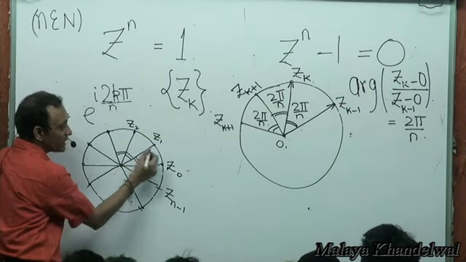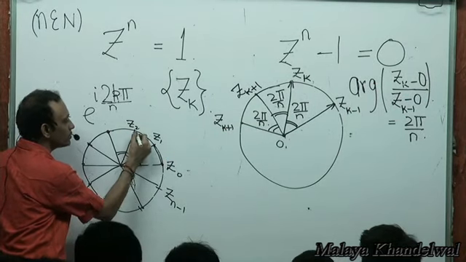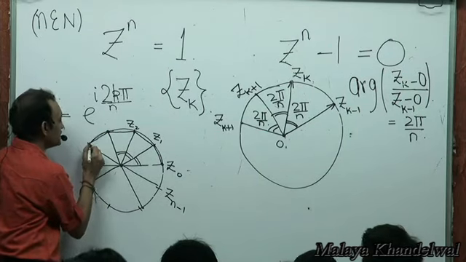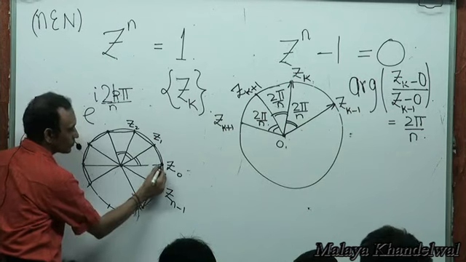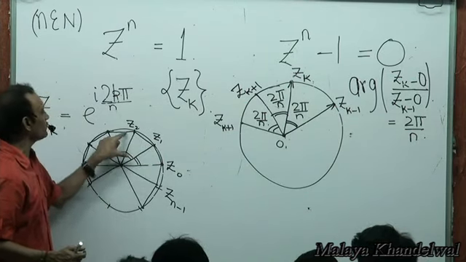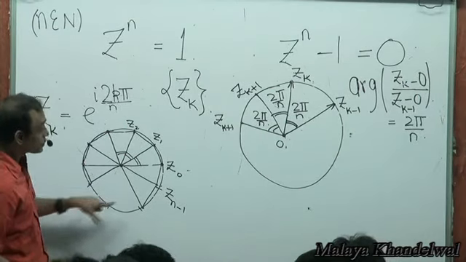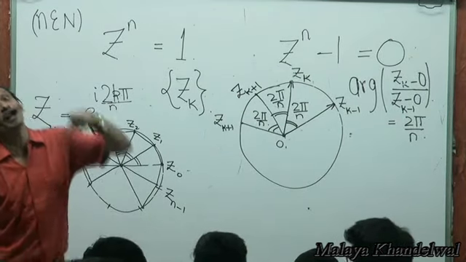Now, if these angles are equal, then do you realize that these chords would be equal? Equal chords subtend equal angles at the center. Yes or no? This chord would be the same as this chord, would be the same as this chord, and so on and so forth. That means these zk's constitute the vertices of a regular n-gon polygon.